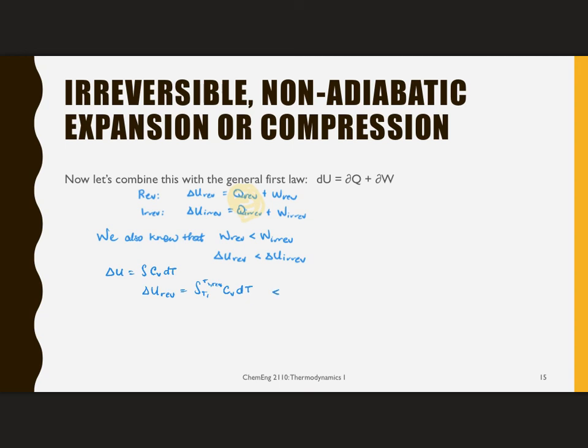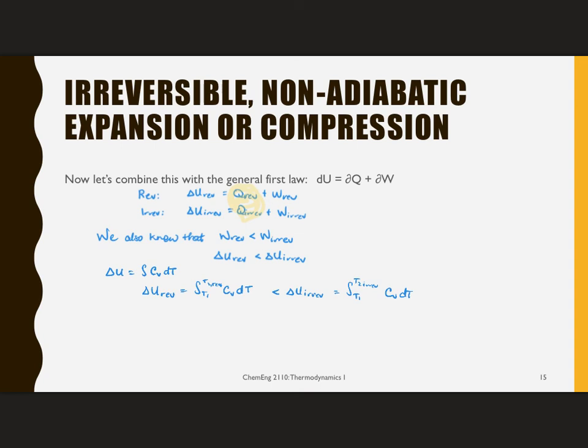And then I know that this has to be less than delta U for the irreversible, which is T1 to T2 irreversible of CV dT. Now CV is not going to change because the process changes. It's just a property of the material.